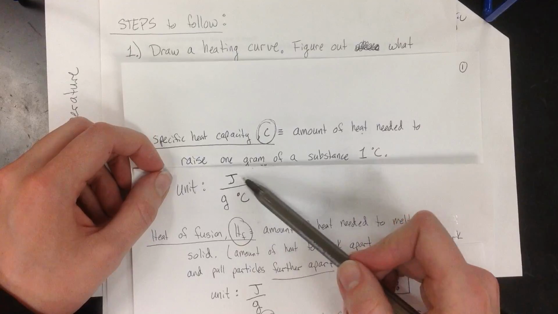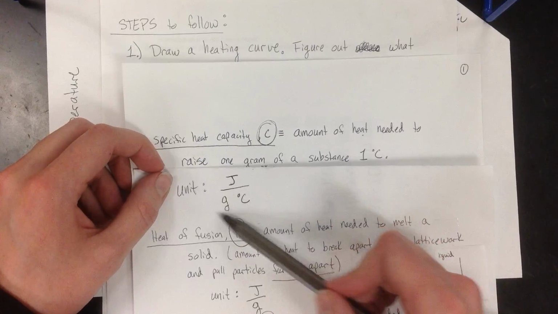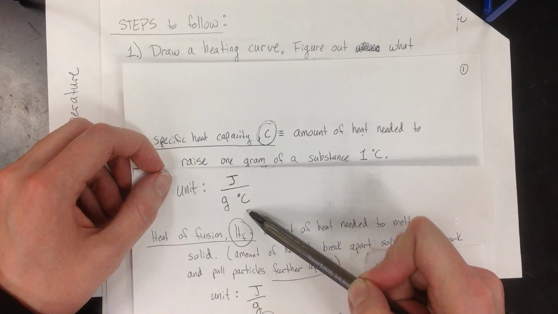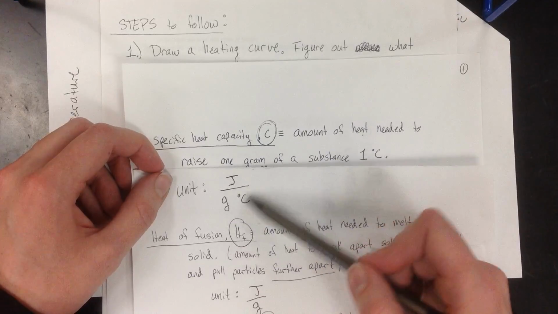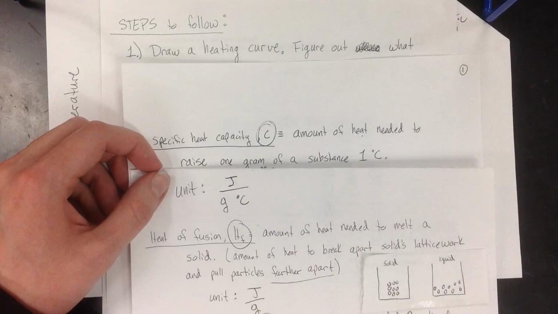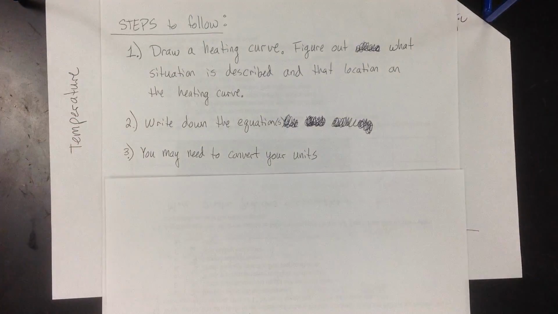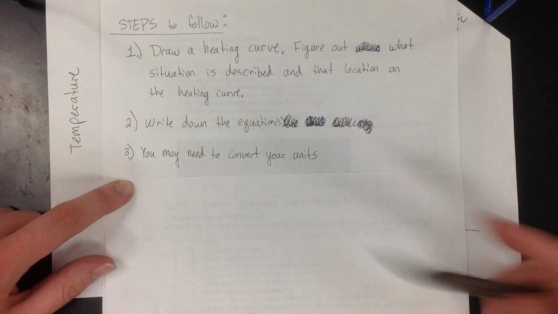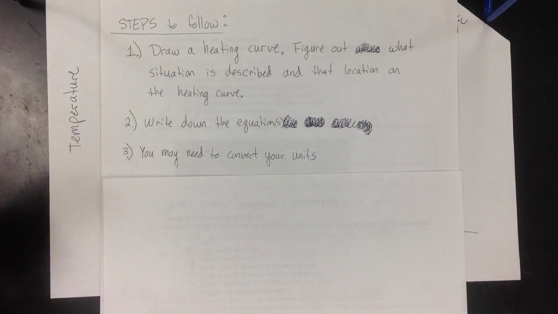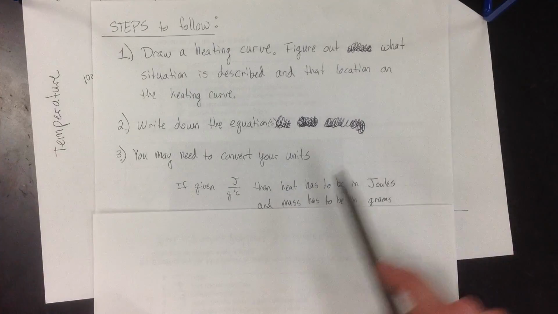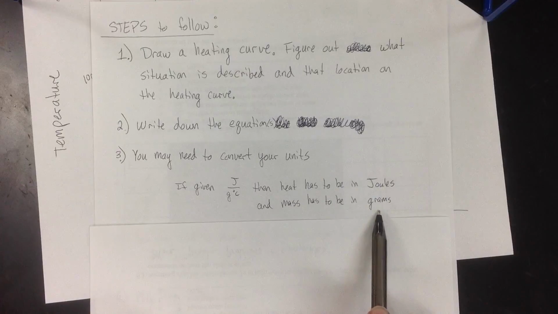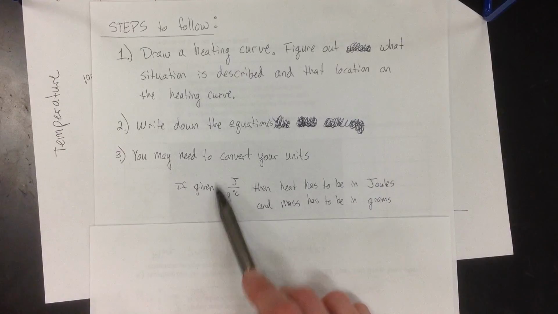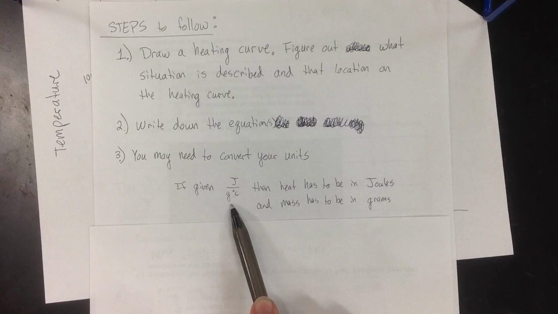So depending on what you have for your specific heat capacity, you might need to convert some of your units so that we can cancel these units once we have them in the mathematical equation. So your third step, you might need to convert your units: heat should be in joules, and your mass has to be in grams so that they can cancel the unit in your heat capacity.